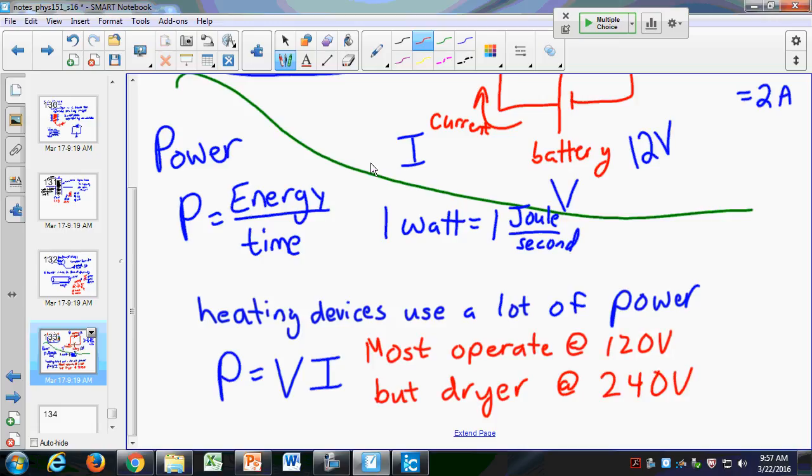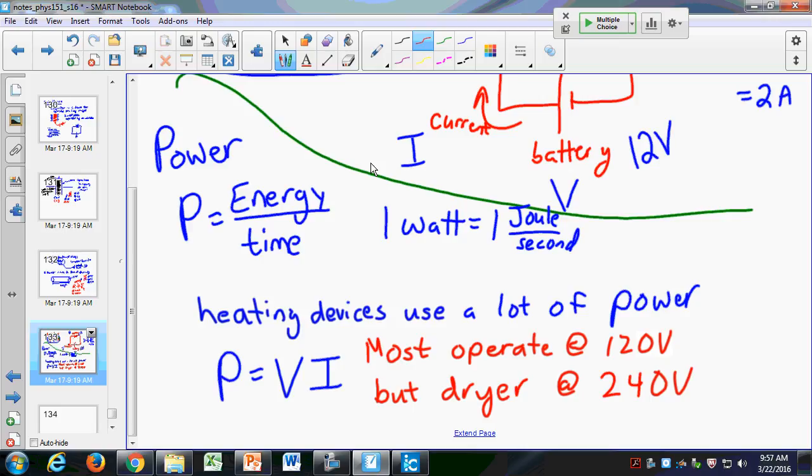That's why it has that extra prong, so it can get that extra energy. So your dryer could operate at 120 volts. There's really nothing that keeps it from operating at 120 volts. But what would happen to the current if I use my dryer at 120 volts? My dryer, I want it to pull the same power because it needs that power in order to dry my clothes. It takes a lot of energy to dry your clothes.